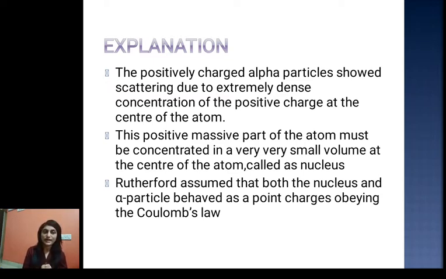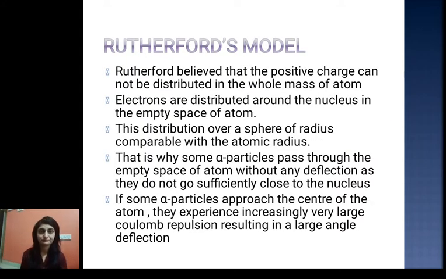Rutherford assumed that both the nucleus and the alpha particle behaved as point charges, and as they behaved as point charges, they obeyed Coulomb's law. What was Rutherford's model? Rutherford believed that the positive charge cannot be distributed in the whole mass of the atom.